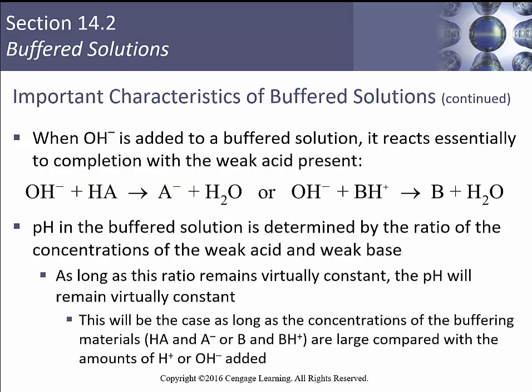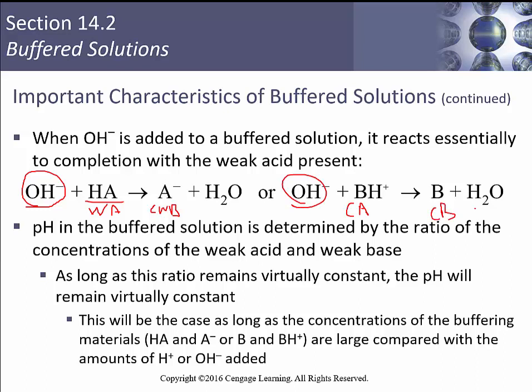When OH minus is added to a buffered solution, it's going to react essentially to completion with the weak acid present. So our OH minus is going to react with our weak acid to form the conjugate weak base.